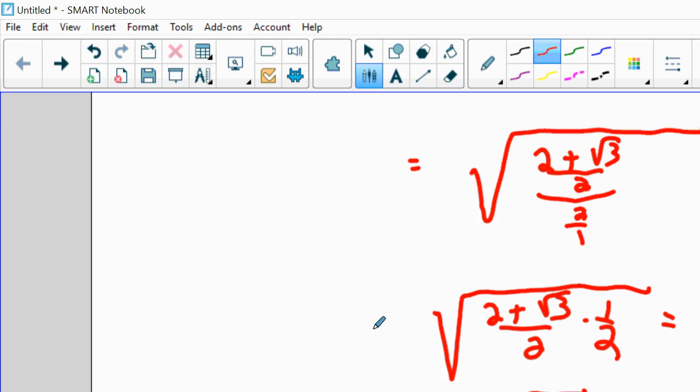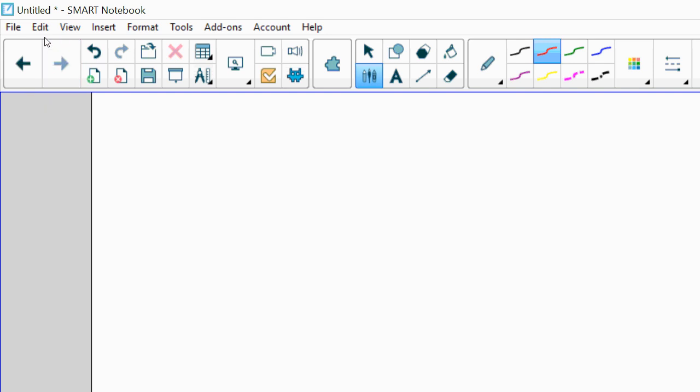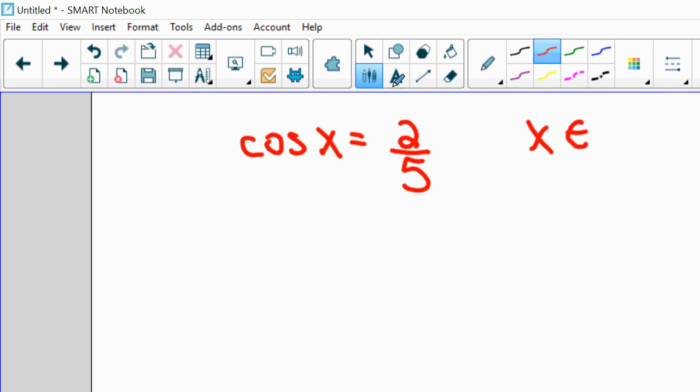But we can also ask maybe a better problem than that. So I like when they say cosine x equals 2/5, with x in the fourth quadrant. So x is between 270 and 360.